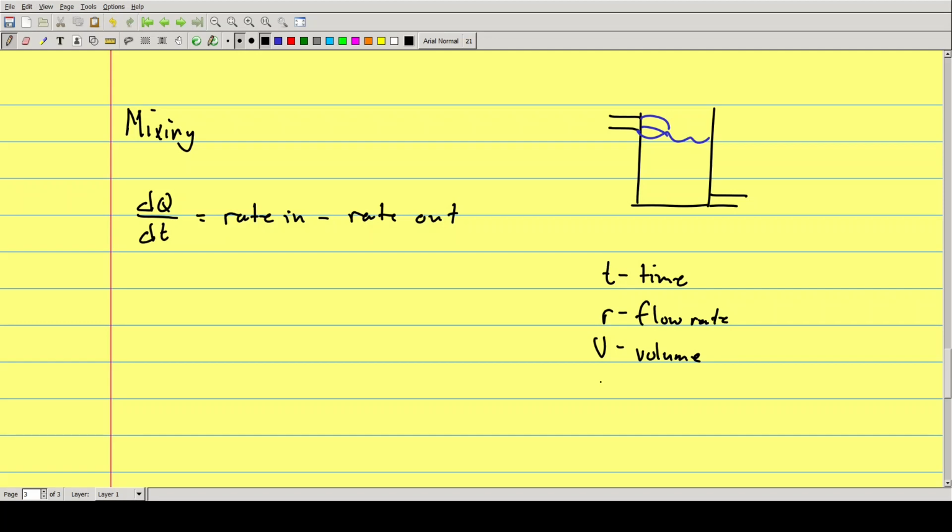Okay? And most importantly, this is the thing that people find the hardest to remember, is that Q, the thing that is the function that we are solving for, is the amount of mass of solute. Okay? If we're talking about salt water, it's how much does the salt weigh? Or what's the mass of the salt? It is the amount of stuff that's dissolved in the water.